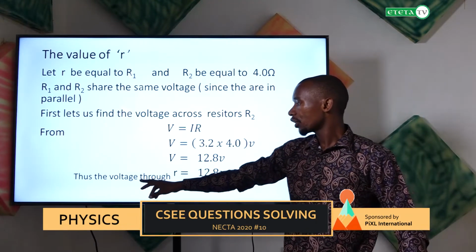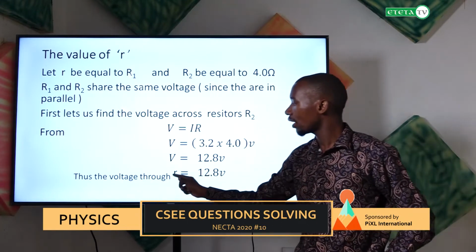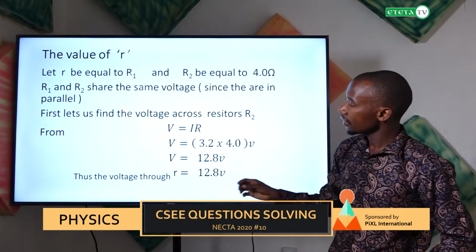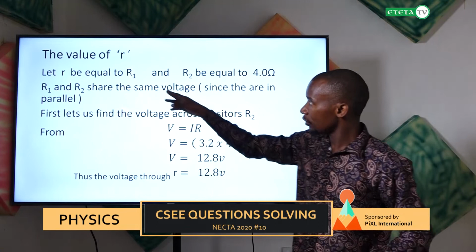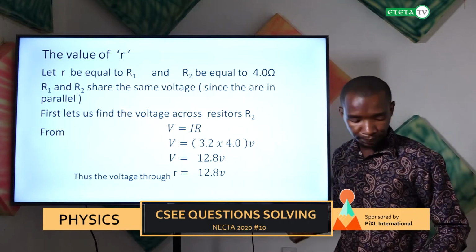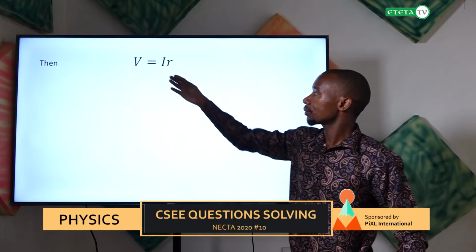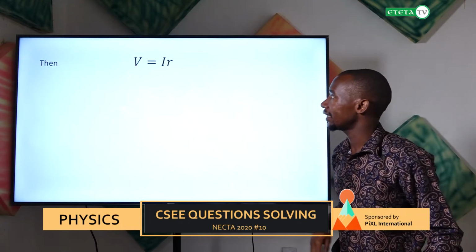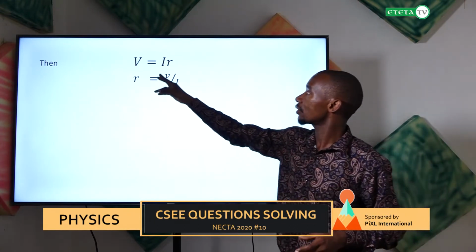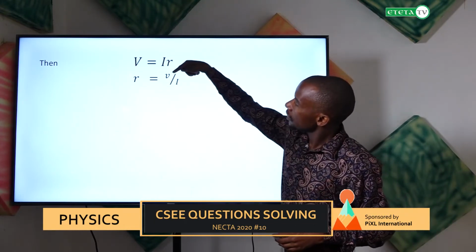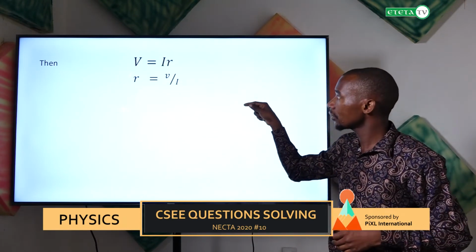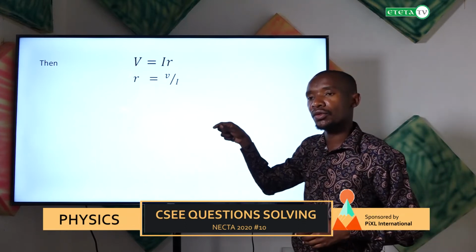So first the voltage across R, which is the unknown resistor, will be equal to 12.8, since this small r is equal to R1, and the voltage across R1 and R2 is the same. So also from Ohm's law, V is equal to IR. Then if you make R the subject, you get that R is equal to V divided by I. Here, this is the voltage, which is equal to this one. We are going to use that 12.8, and we have the current which is flowing through X.